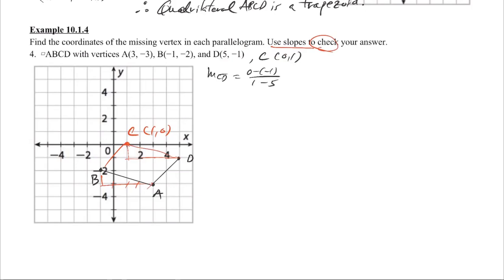Changing y and changing x. That didn't look right. Okay. All right, let's check it out again. Yeah, that was not correct. So that's 1 minus minus 1, and that is 0 minus 5, right? So that would give me 2 over -5.